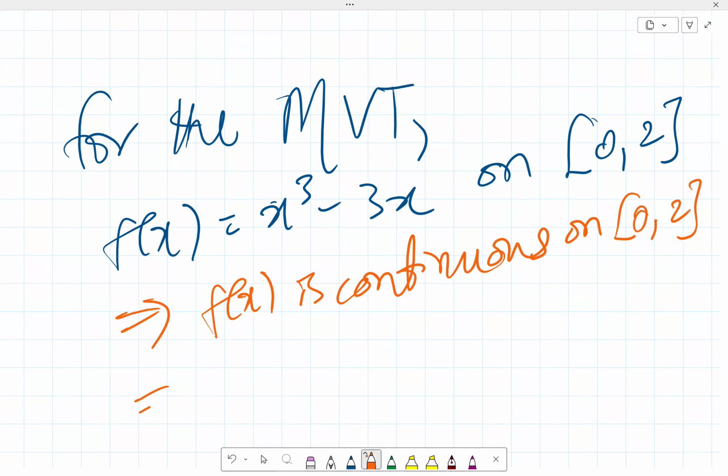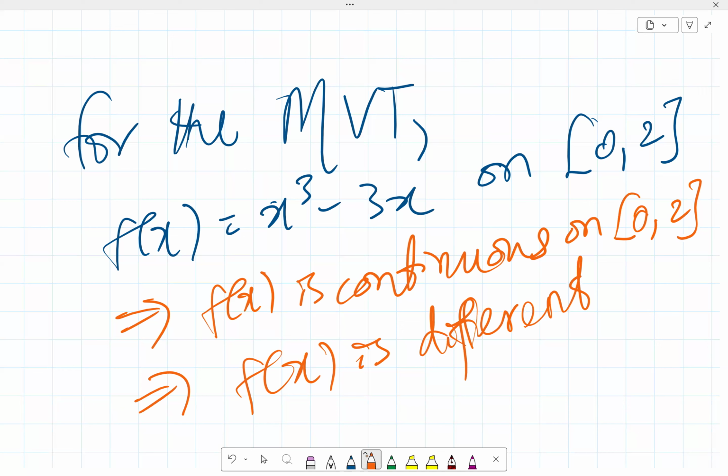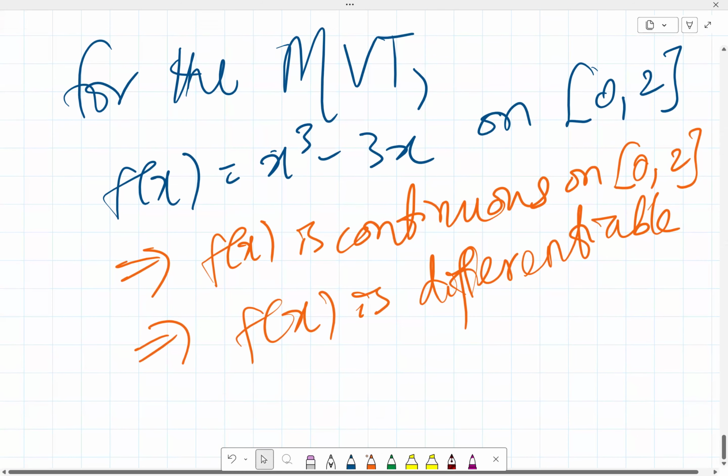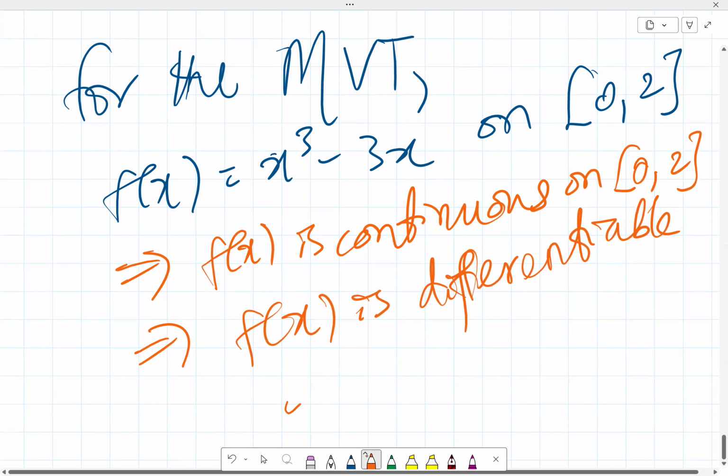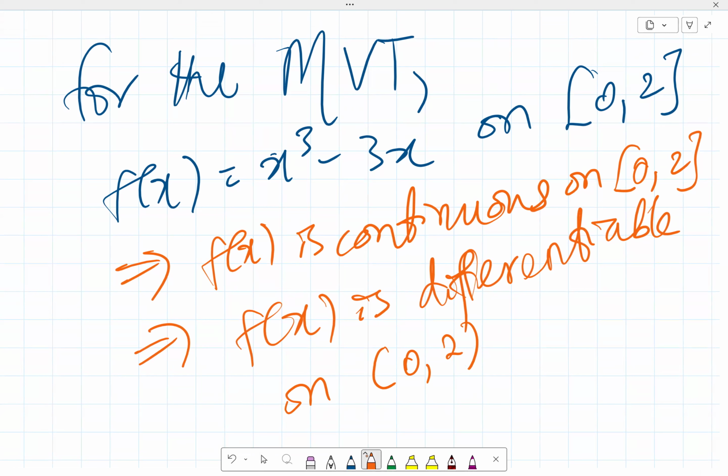So we can conclude that f of x is differentiable. In an exam you would want to write all these things, I'm just saying them by mouth. So f of x is differentiable on the open interval 0, 2. Open interval, I shouldn't have used 0 and 2. Maybe I should have just used 1 and 1.5 or something like that. But of course, we know it works for 1.